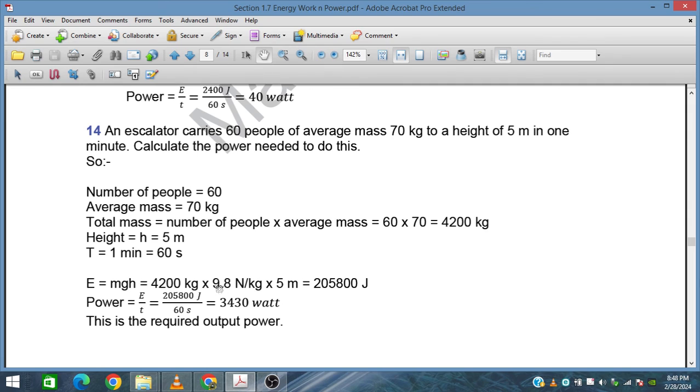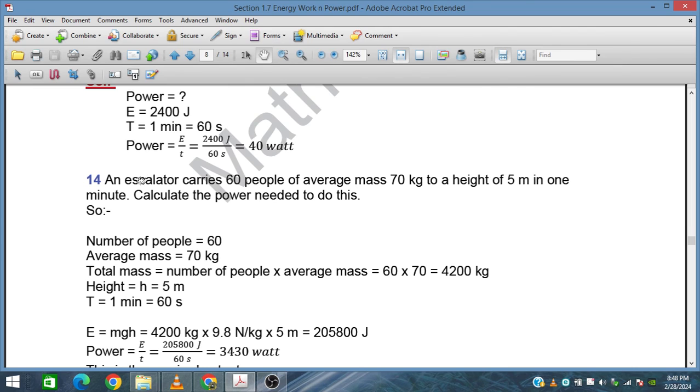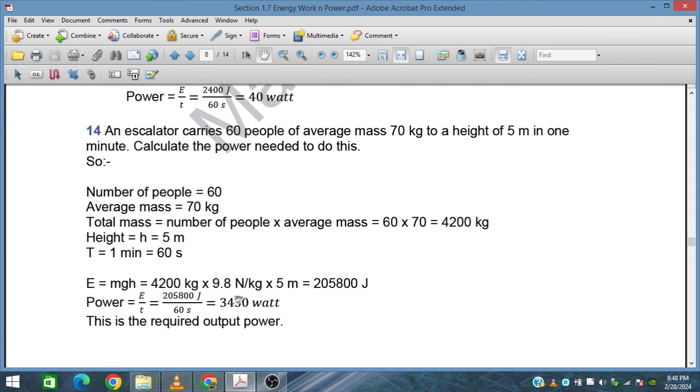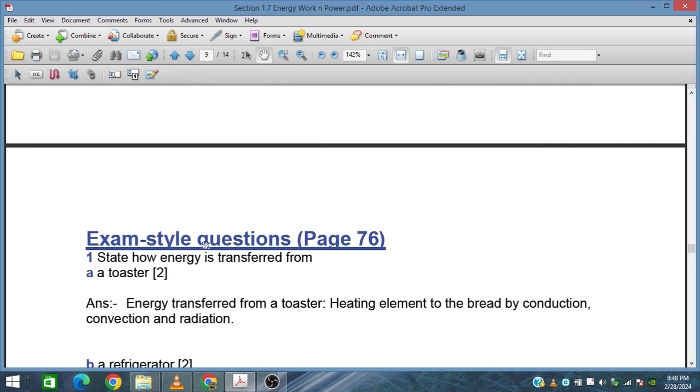The energy required is 4200 kg times g times h, where h is 5 meters, and dividing by 60 seconds gives 3430 watts. This is the required output power. We can observe these escalators in large malls, shopping malls or shopping centers. So this is very, very important. In the next session we'll discuss exam style questions.